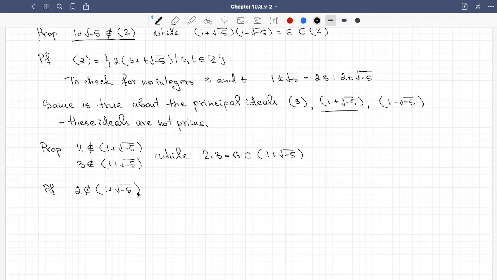I want to check that 2 is not equal to 1 plus root of negative 5 times c for any c, an element of this ring.